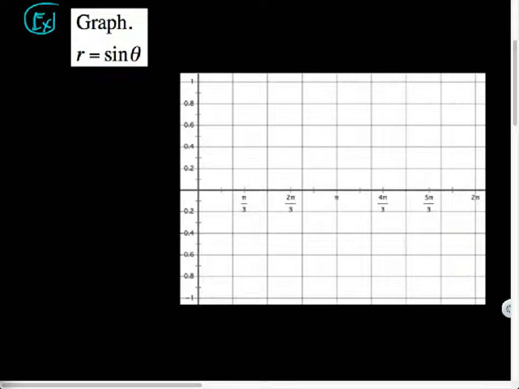It's just the classic 1 to -1 and out to 2 pi situation. Let's graph y equals sine x, and then I'll pull that back into an r equals sine theta relationship and graph it polarly.